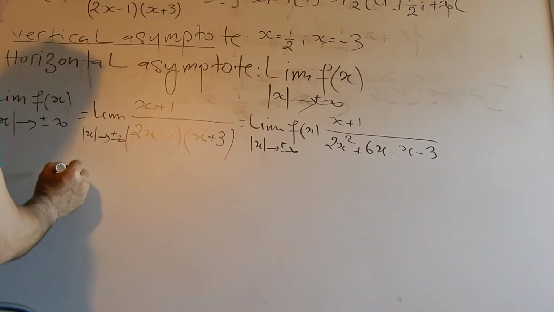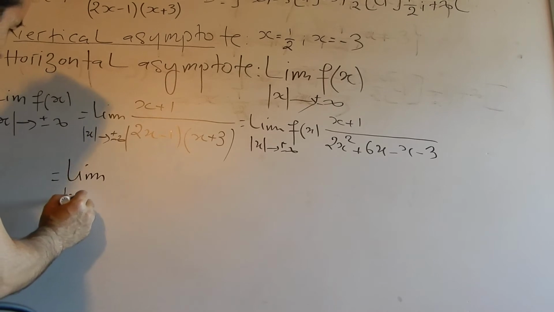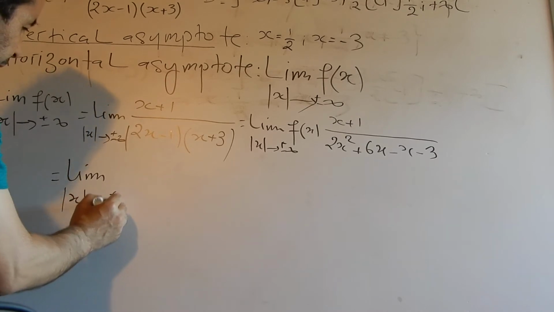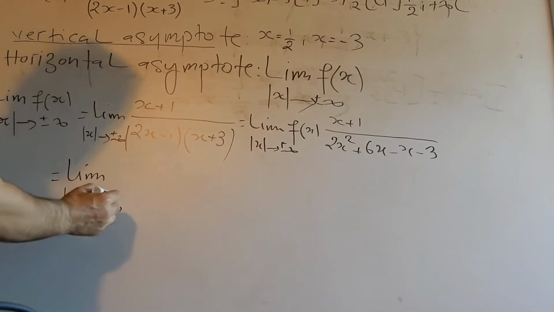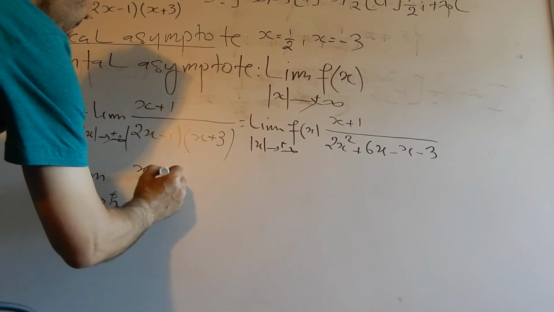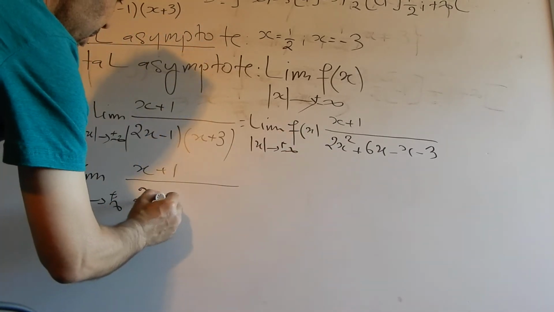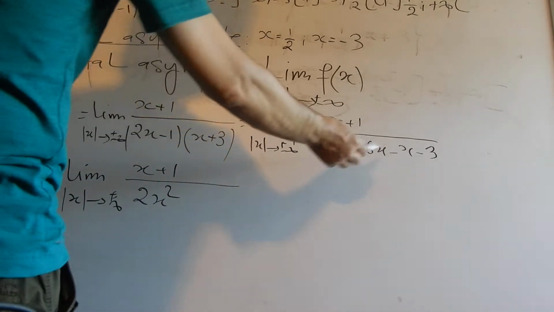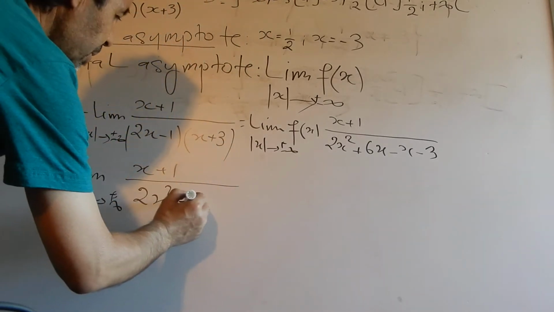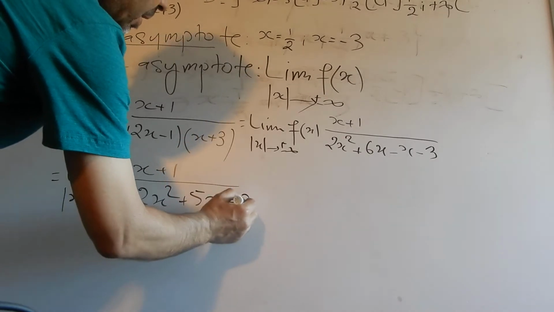Which equals the limit as the absolute value of x approaches infinity of x plus 1 over 2x squared, 6x minus x is 5x, minus 3.